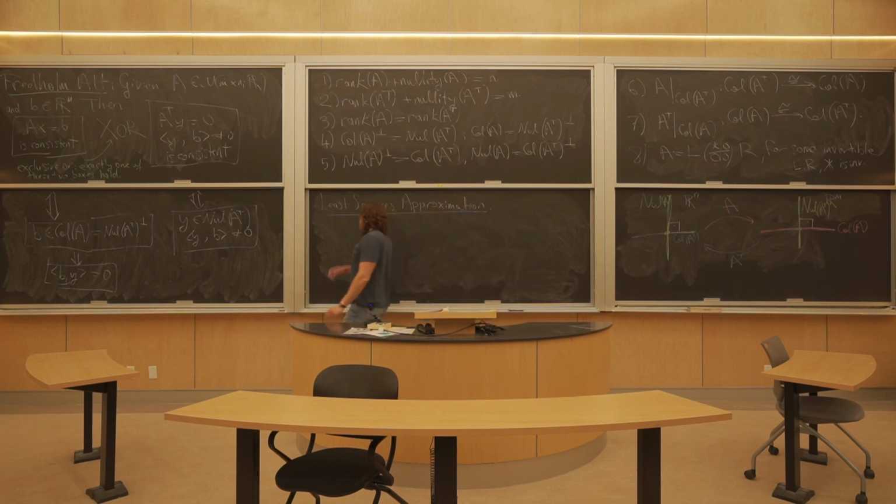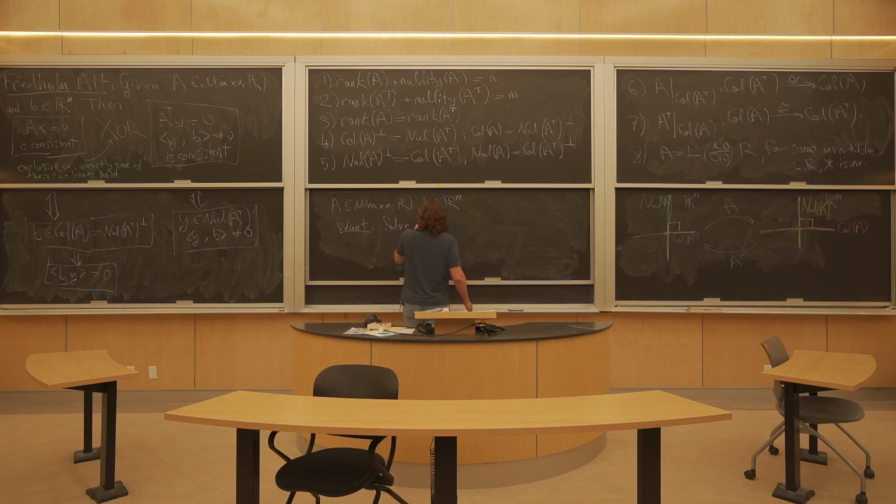Again, I start with an m by n matrix. And let's say that I have a vector b in Rm, and I want to solve Ax equals b for x.